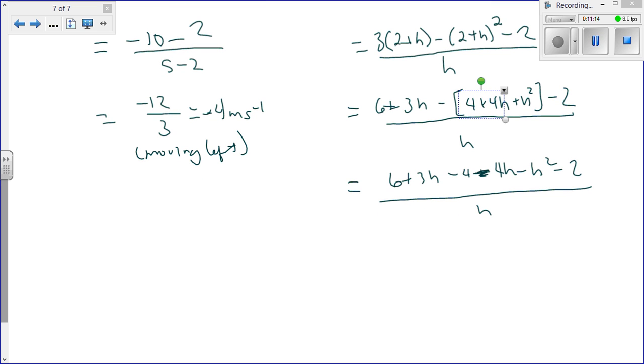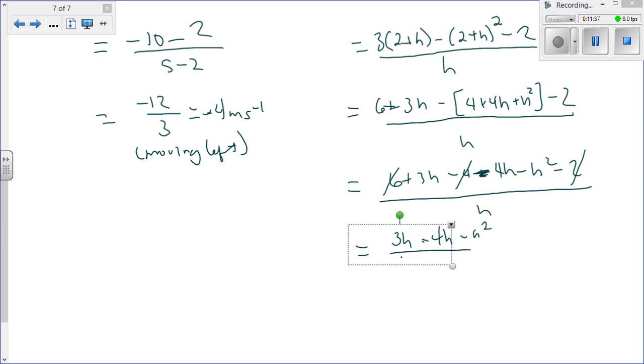So negative 2 and negative 4 is negative 6, and a positive 6 will all cancel out. So I'm left with 3h minus 4h minus h squared all over h.